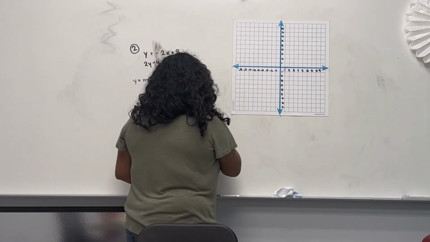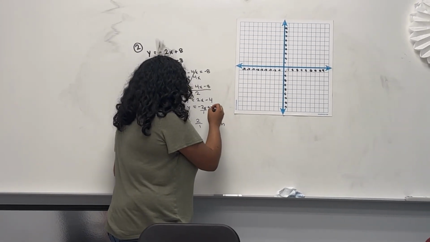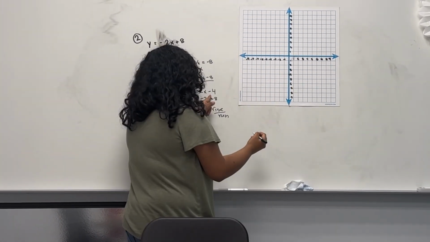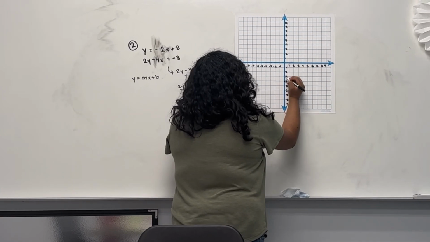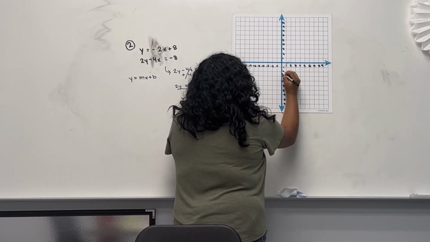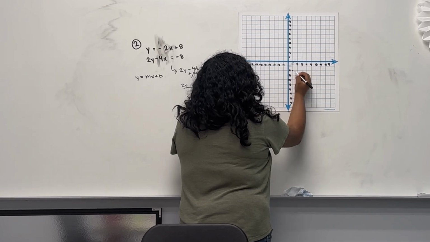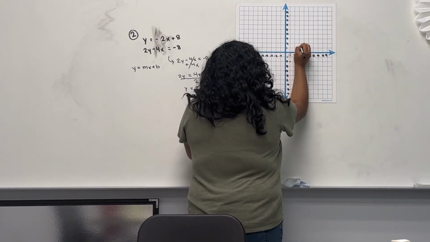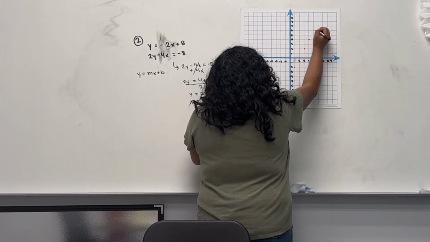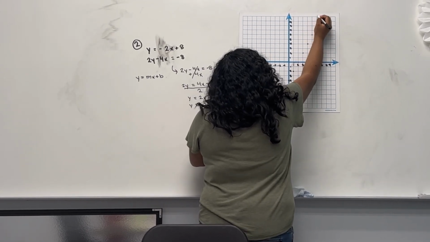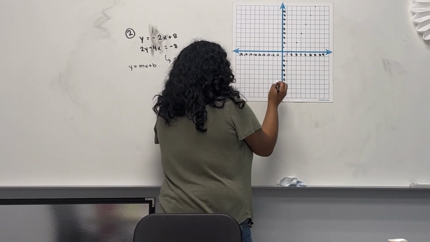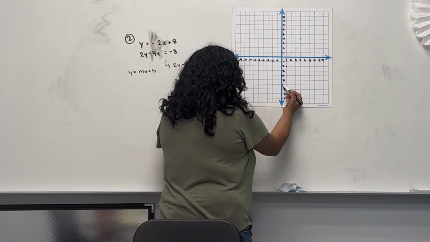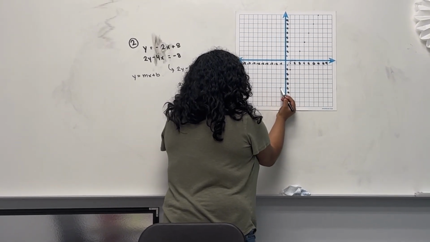So from negative 4, which is here, we're rising up 2, so 1, 2, and then to the side 1. Rise up again by 2, go right by 1, rise again, and just repeat the same thing. And then when going down, you want to keep going by your slope, but just go the opposite way. So go down now and go to the left instead of the right.